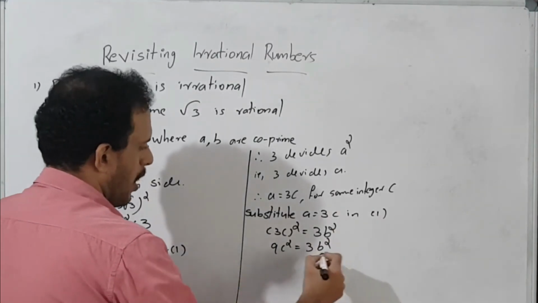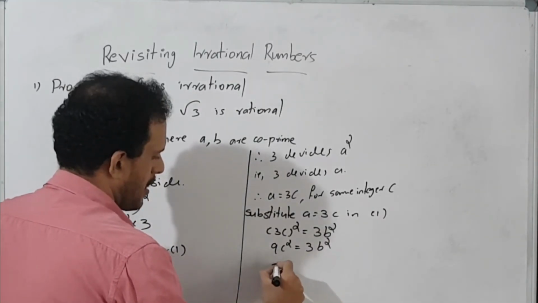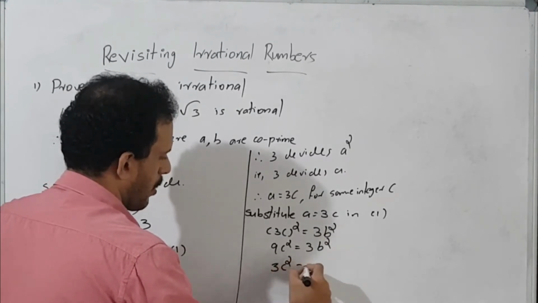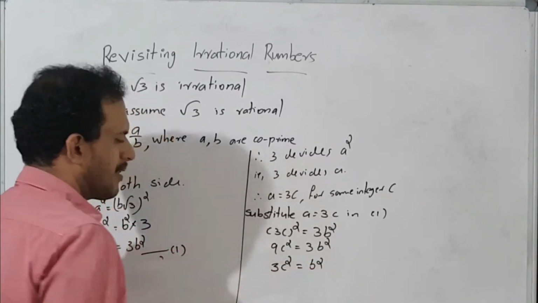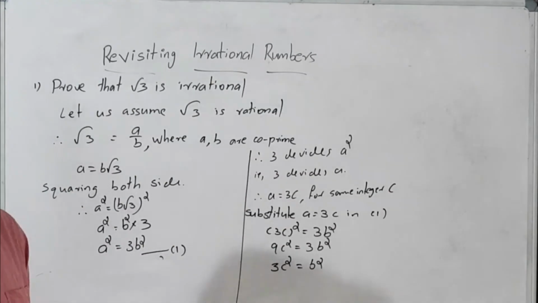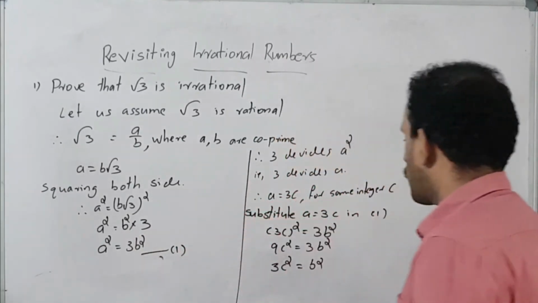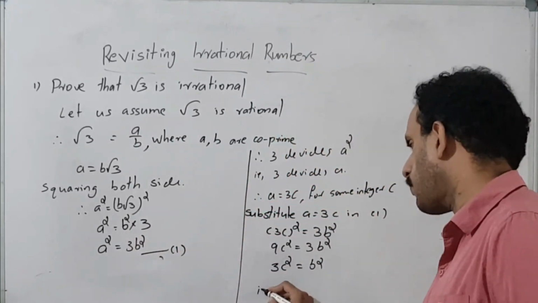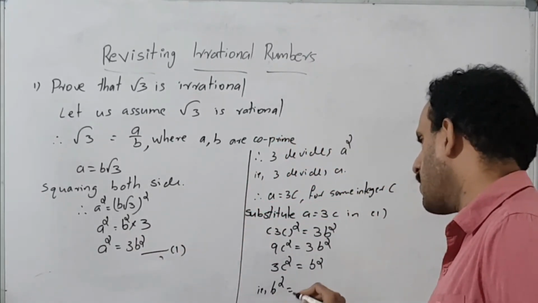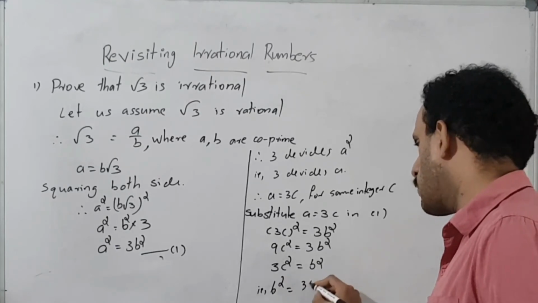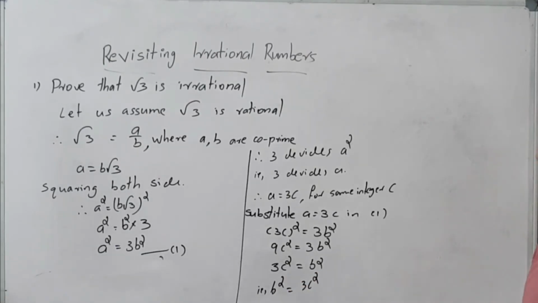Then we divide by 3, and what do we get? 3c square is equal to b square. Correct? 3c square is equal to b square, that is, b square is equal to 3c square.